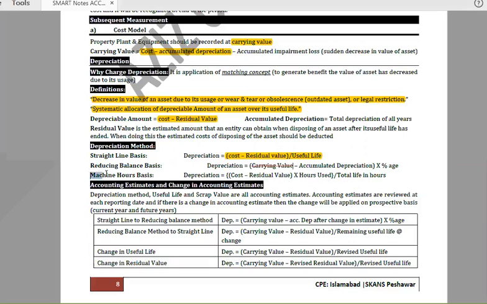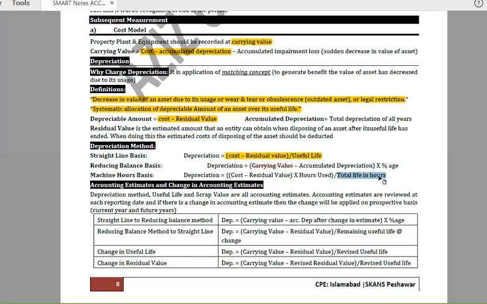And there is another method which is rarely used, the machine hours basis. In this method, we will charge depreciation as per the number of machine hours used. So we will take cost minus scrap value, multiplied by the number of hours used in the current year, divided by total life in machine hours.